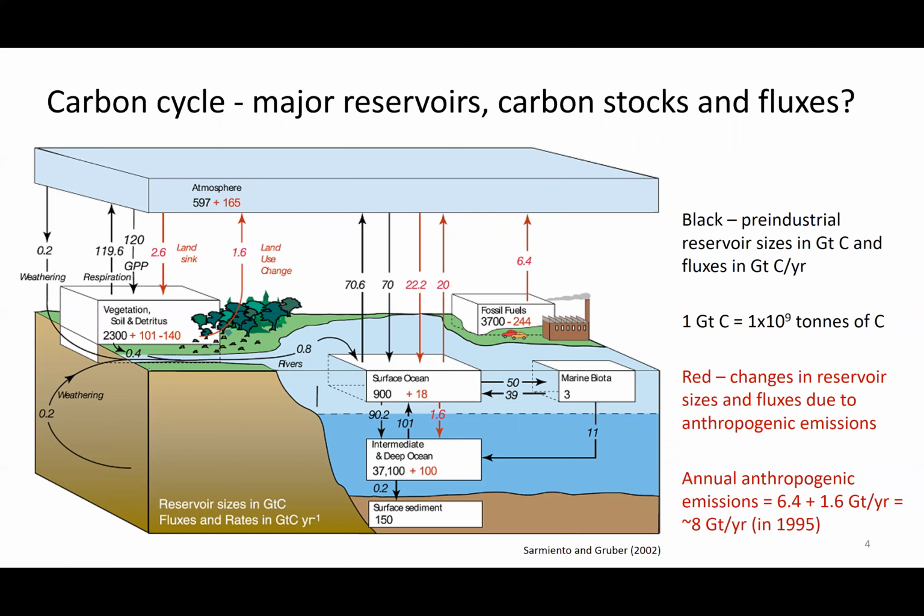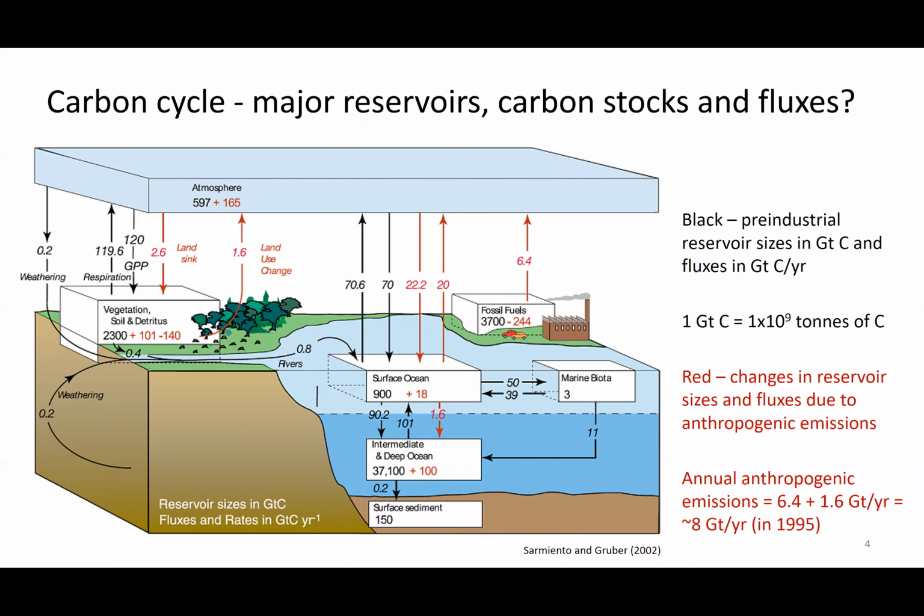So the important thing firstly is that the black numbers and the black arrows represent the pre-industrial reservoir sizes in gigatons of carbon, so that's billions of tons of carbon, and the fluxes of carbon in gigatons of carbon per year between the reservoirs.